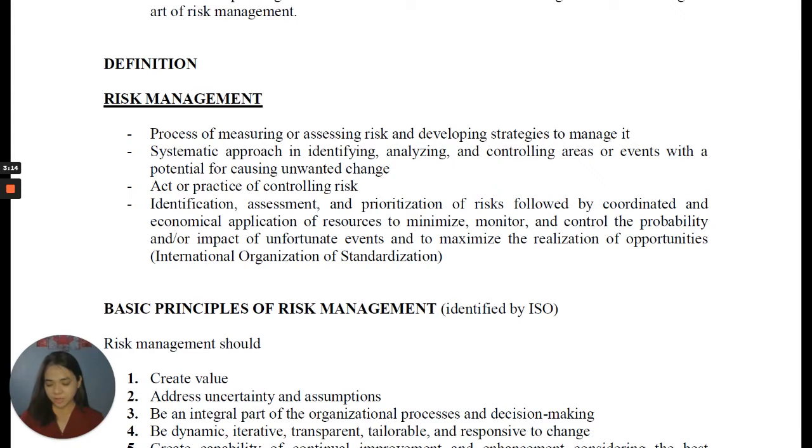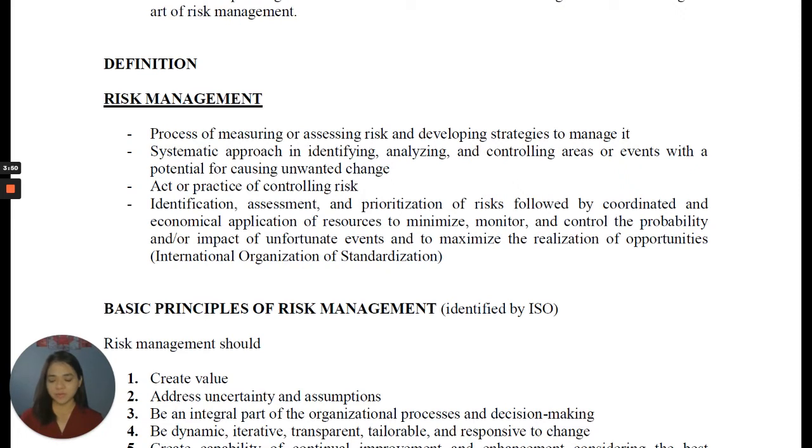And as defined by the International Organization for Standardization, or the ISO, it is the identification, assessment, and prioritization of risks, followed by coordinated and economical application of resources to minimize, monitor, and control the probability and or impact of unfortunate events and to maximize the realization of opportunities. So the goal is not always to totally eliminate risks, but to reduce them to an acceptable level.